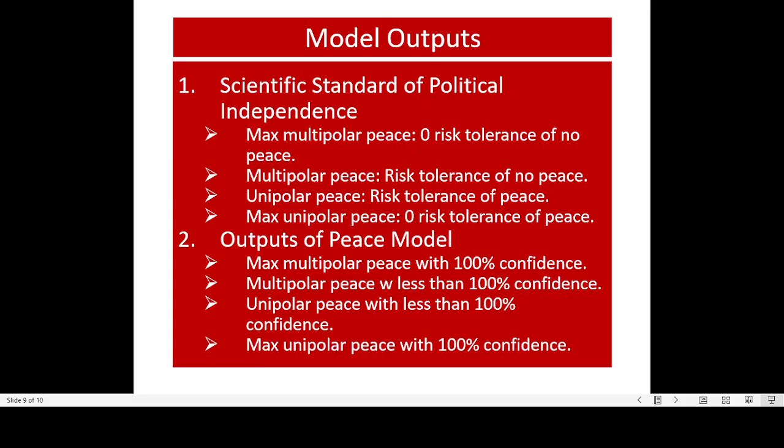So there are four of them: maximum multipolar peace with 100% confidence, multipolar peace with less than 100% confidence, and unipolar peace with less than 100% confidence. And last one, maximum unipolar peace with 100% confidence.